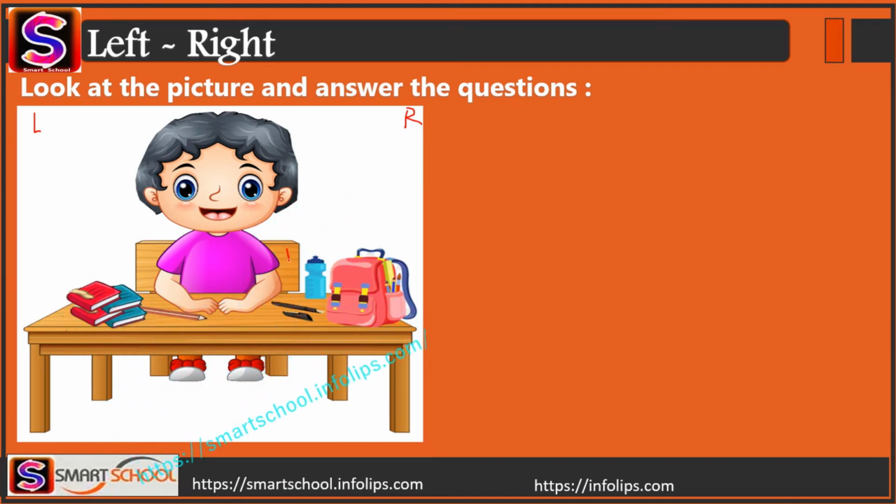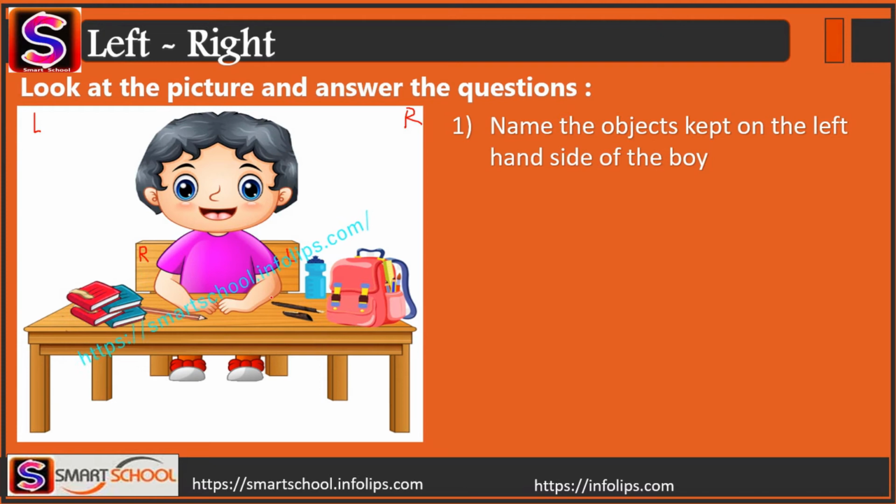The boy's left side is this one and the boy's right side is this one. Okay, because he is exactly opposite, because he is looking at you. That's why his left hand is our right hand and his right hand is our left hand.